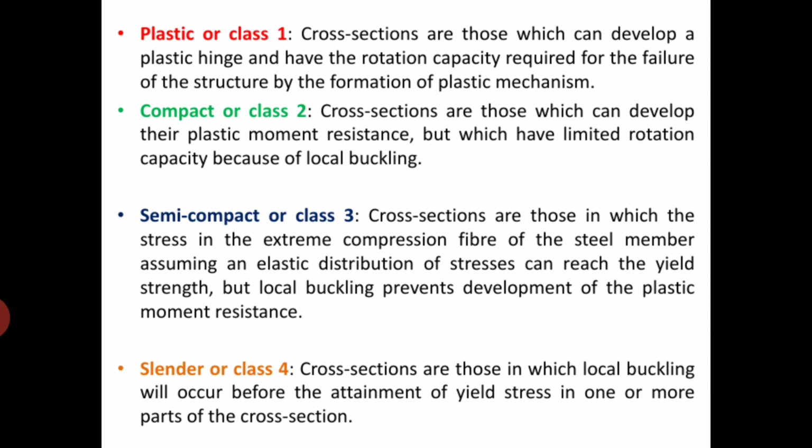The members or the elements of the structure will buckle locally. Hence, the slender sections what we get. And these are the 4 classifications made in the IS 800 2007.